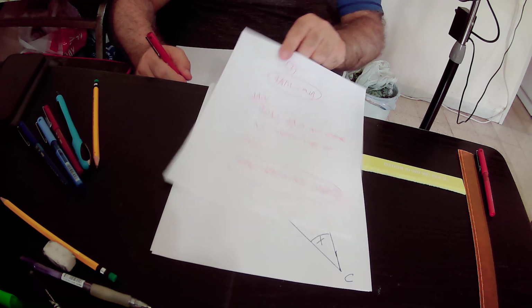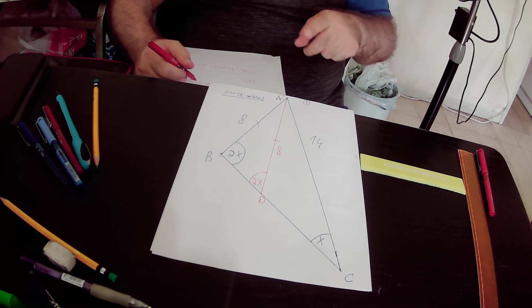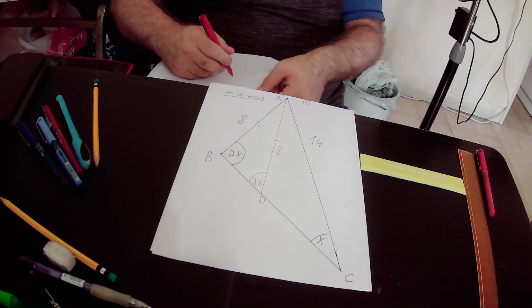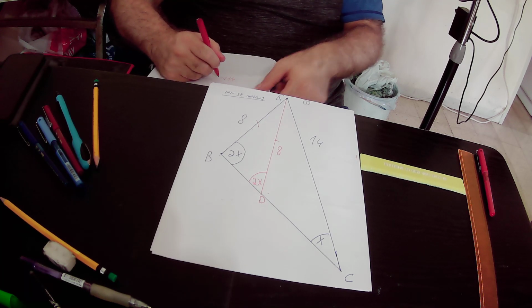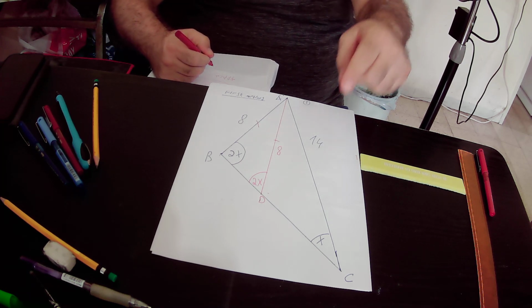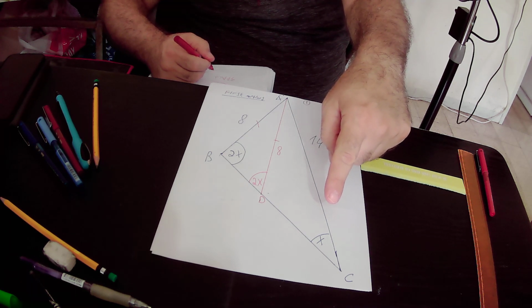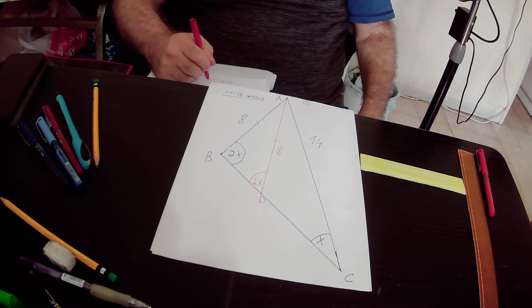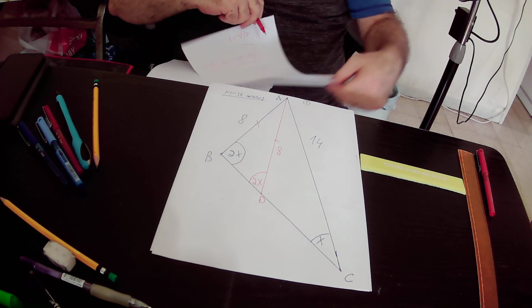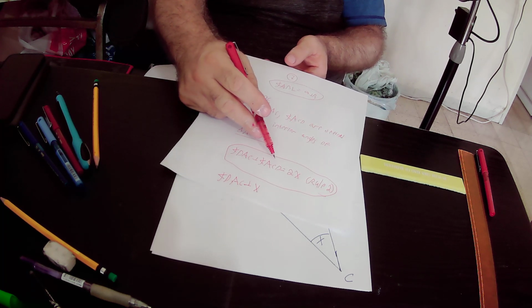Okay, but what is the value? The value of angle DAC is unknown, so I'll write it as it is. But angle ACD is given to us. We know that angle ACD is x degrees in size. So we can substitute angle ACD by x.